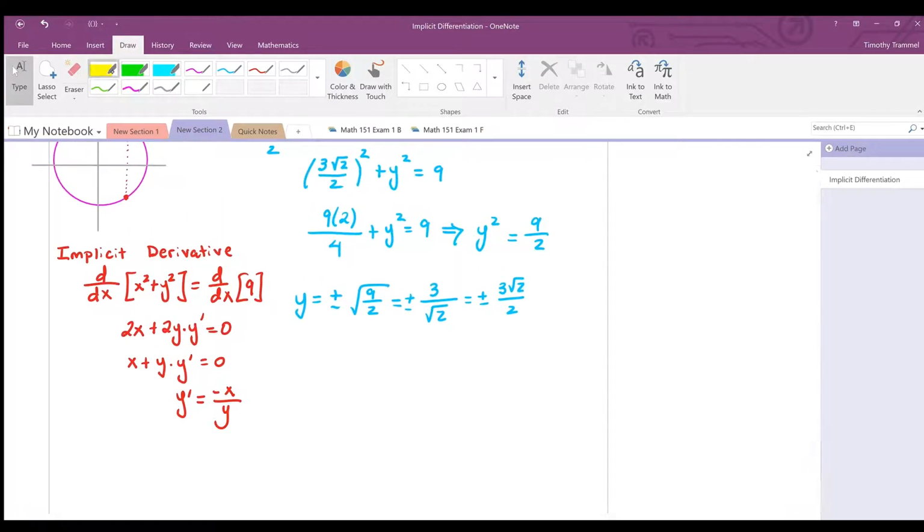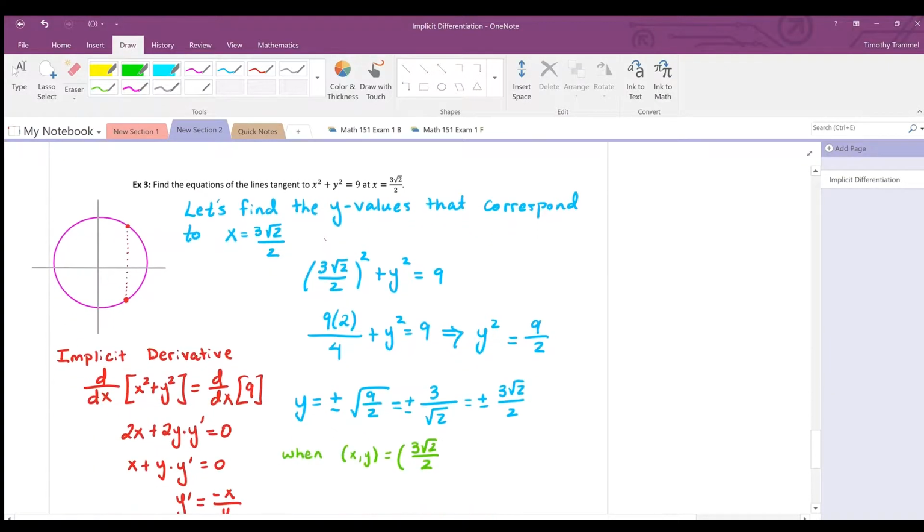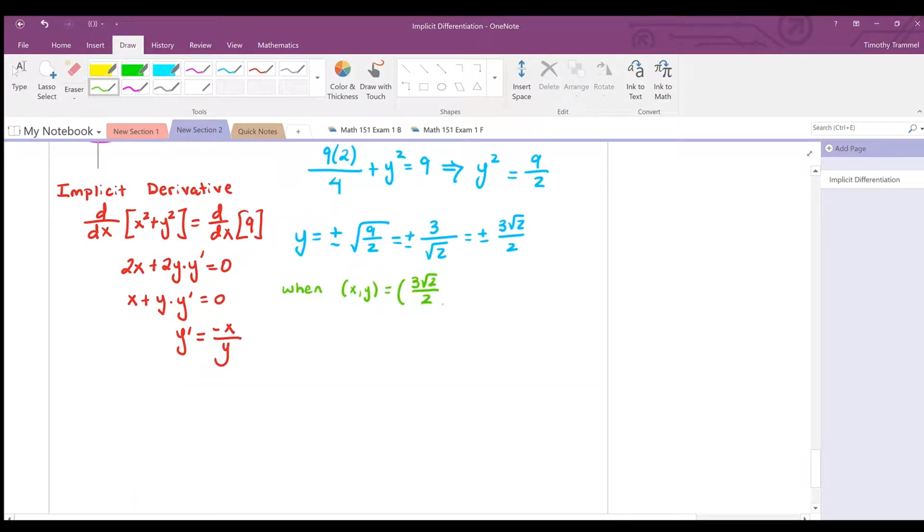So I'm going to say when x, y is equal to 3 square root of 2 over 2, that's our x value for where we're looking for a tangent line, and one of the y values is also 3 square root of 2 over 2. So when x, y equals this, the derivative is equal to blah. We'll figure that out in a second.